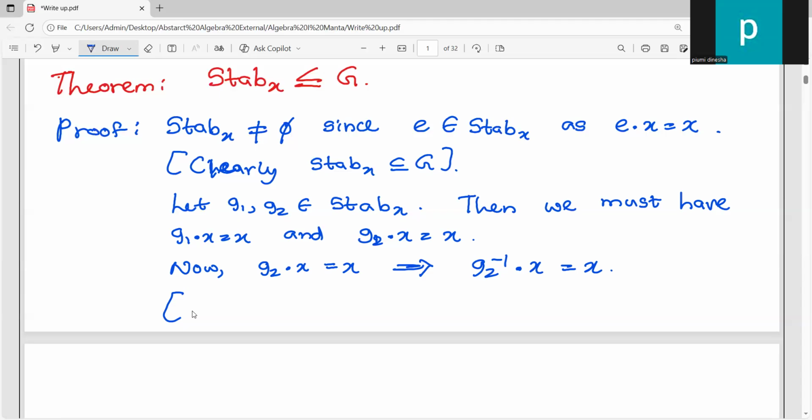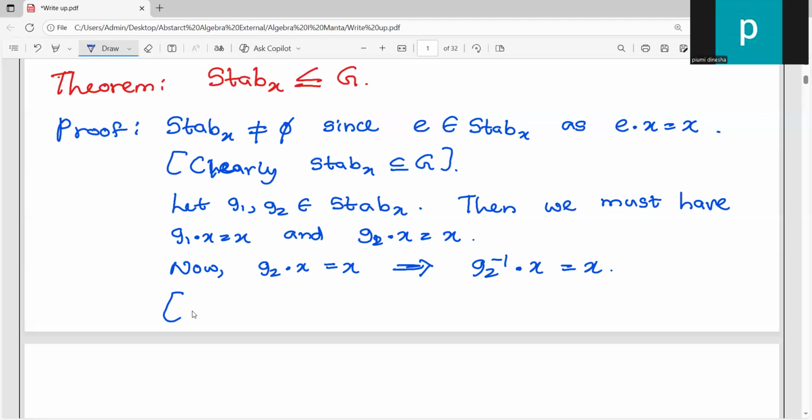What do we do when we say we are going to use the subgroup criterion? We have to show that g1 g2 inverse is also an element in this set. In other words, g1 times g2 inverse must fix this element. So we have to incorporate g2 inverse somehow into our equation.